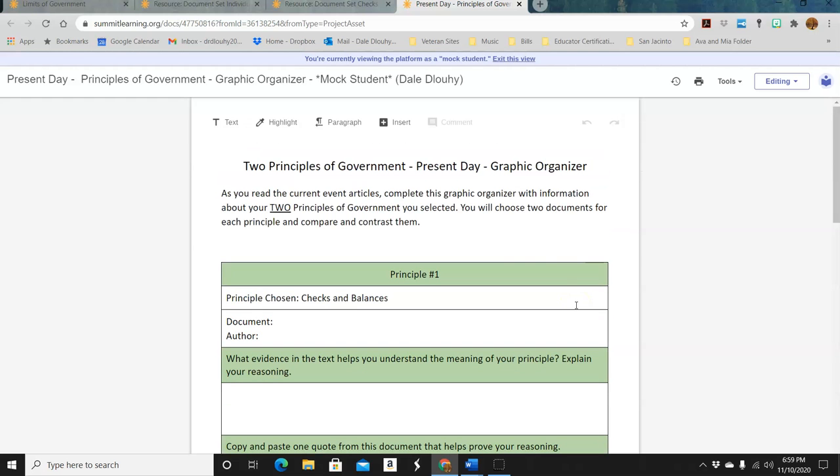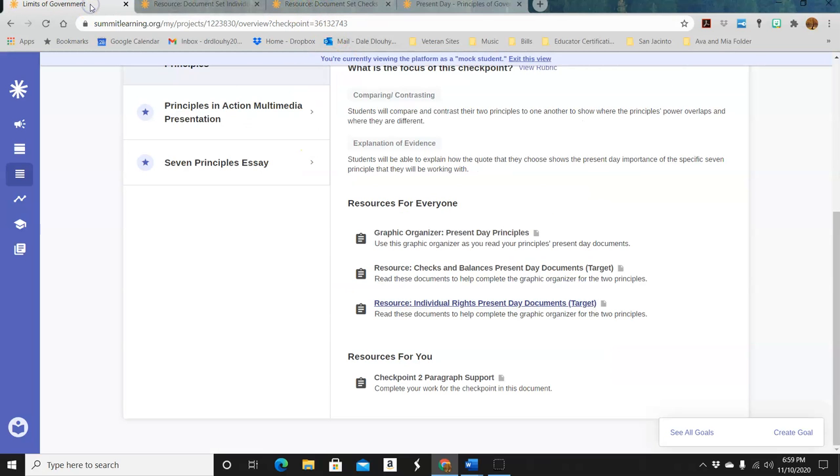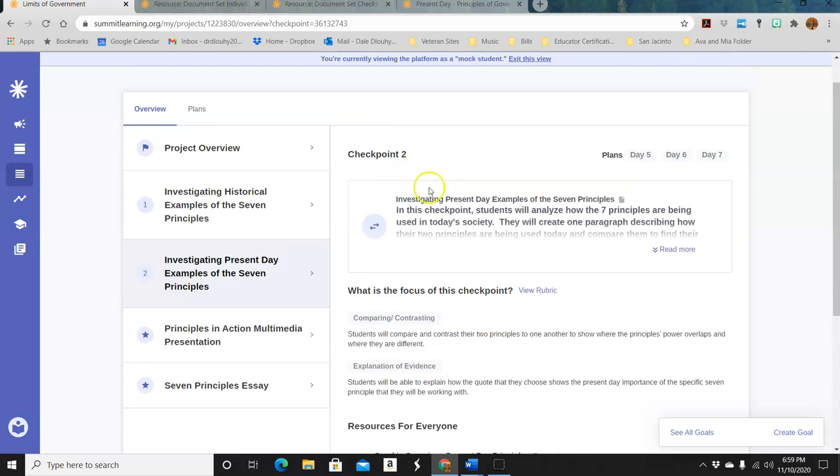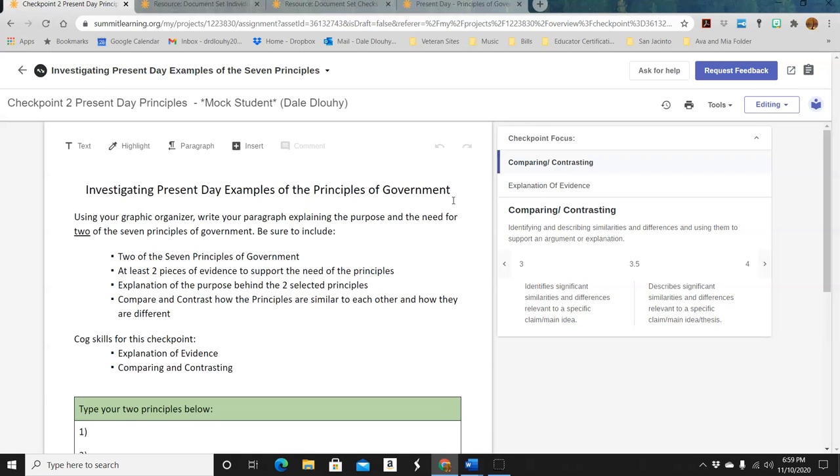All right, and let's look at the cog skill real quick for this comparing and contrasting, because this is something that's relatively new and you guys really haven't seen this before. So to score 3 for compare and contrasting, identify significant similarities and differences relevant to the topic. Okay, so a 4 is describe significant similarities, differences relevant to specific claim, main ideas, or a thesis. All right, that looks pretty much the same. Oh, yeah, never mind.